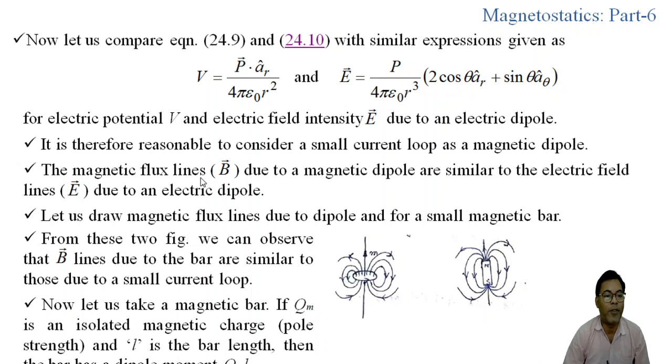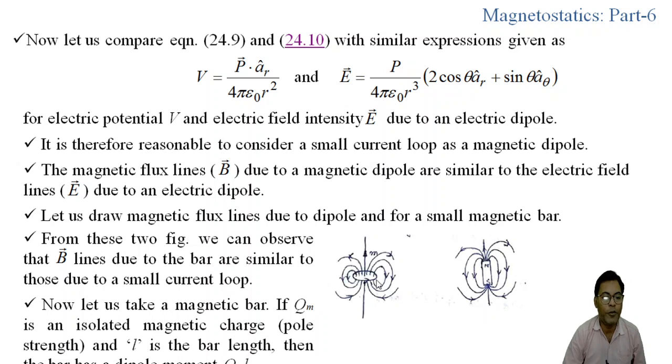The magnetic flux lines B due to the magnetic dipole are similar to the electric field lines due to an electric dipole. By pictorial view, we can also understand that a current loop can be considered as the magnetic dipole. For that, consider these two diagrams. On the right hand side, a magnetic bar is given and the magnetic flux lines are coming out from the north pole and going into the south pole.